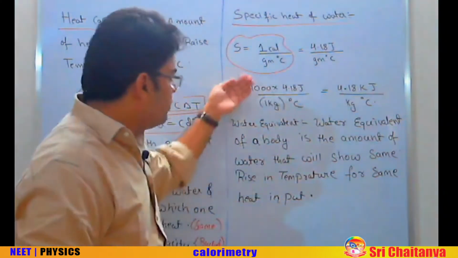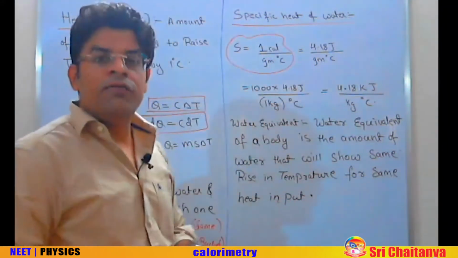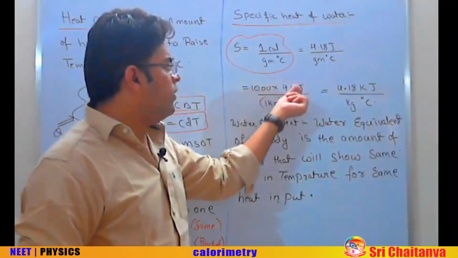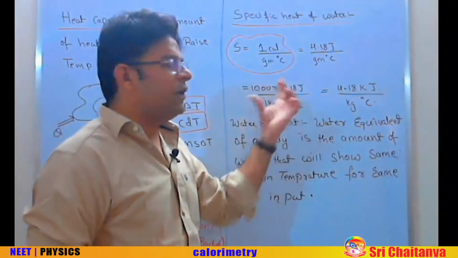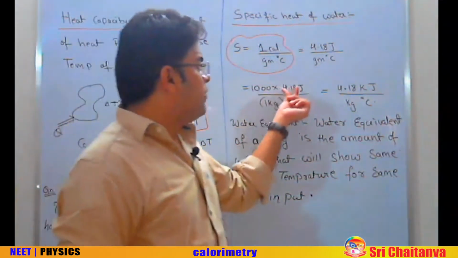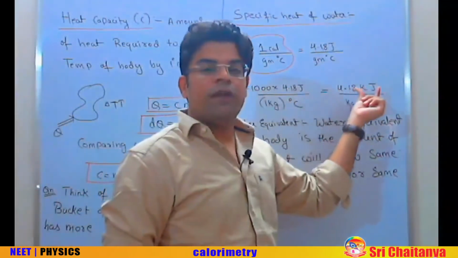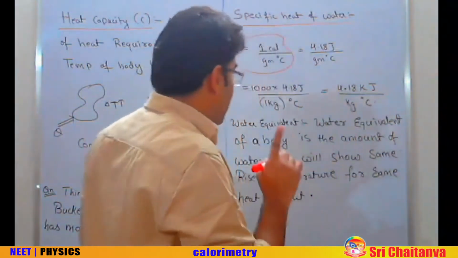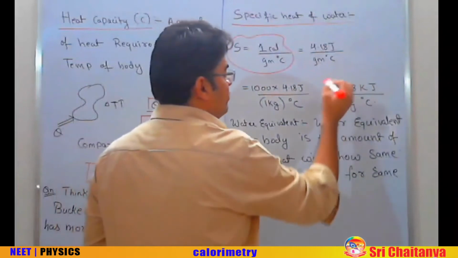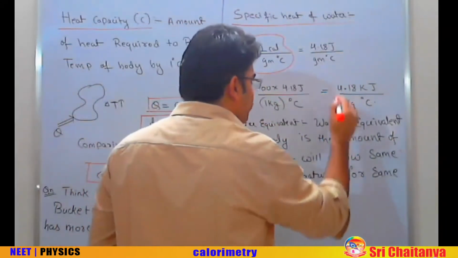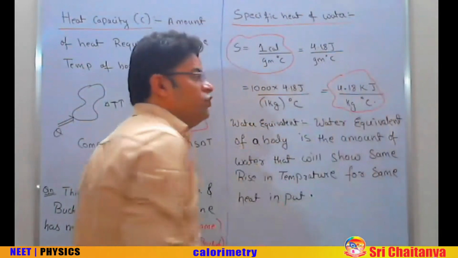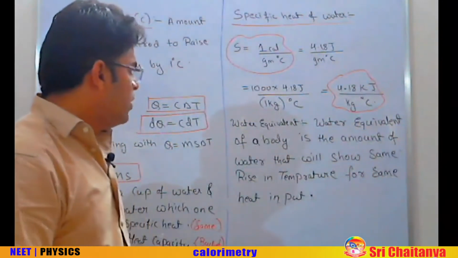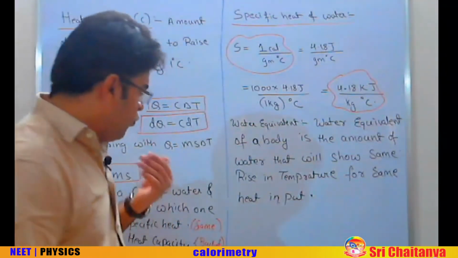You should also multiply at the same time the numerator with 1000. So you get 1000 into 4.18 joule upon 1 kg degree centigrade. This 4.18 joule into 1000 gives you 4.18 kilojoule. So the specific heat of water in SI unit is 4.18 kilojoule per kg degree centigrade. The next terminology we need to focus on is water equivalent.